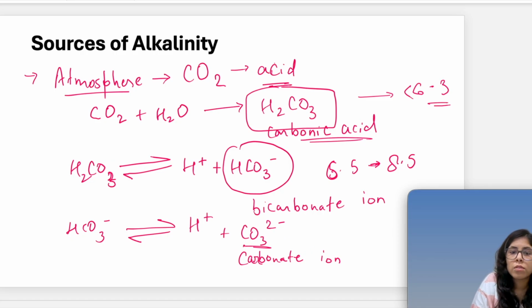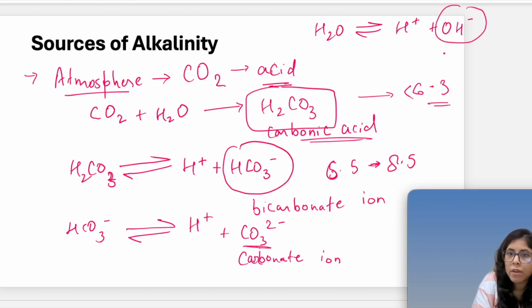This is also a reason to create alkalinity. And at the very first we have water itself. Water can also get broken into H plus and OH minus ion, and this H plus is acid and this OH minus, again a negative ion, we call it the hydroxyl ion.